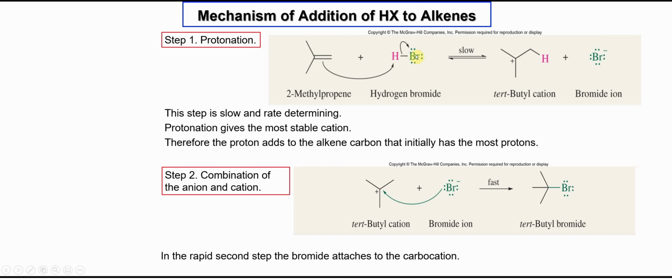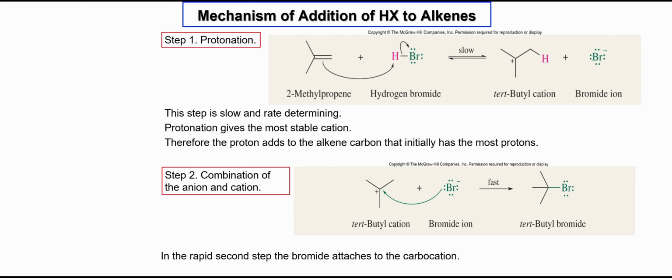This proton has no electrons. Hydrogen and bromide are subject to heterolytic bond cleavage. This Br retains these 2 electrons to form a negatively charged bromide ion. Therefore, hydrogen is going to be connected to your double bonded carbon to form a positively charged carbocation. We already know a tertiary carbocation is more stable.